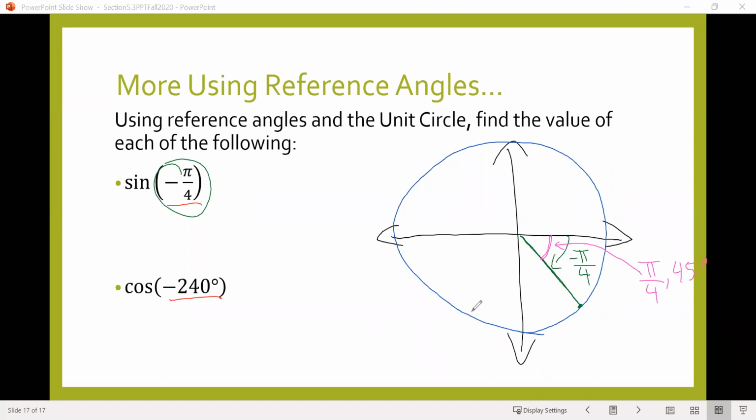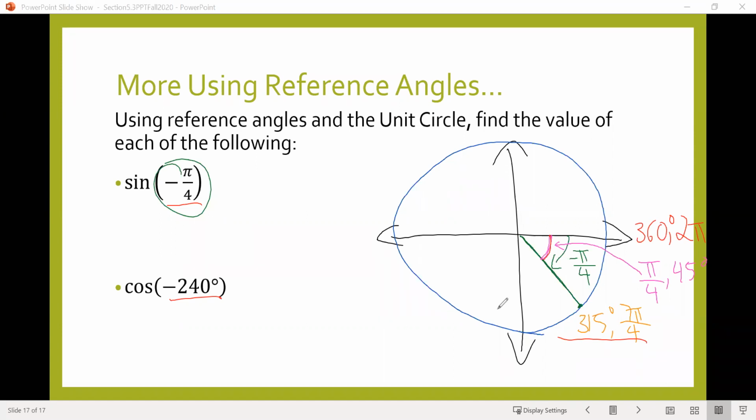And the answer we'll come up with there is 315 degrees, or 7 pi over 4. We can double check that because we know that this angle right here is 360 degrees, or 2 pi. If you subtract pi over 4 from that to get back to here, we'll get to 315 degrees, or 7 pi over 4.